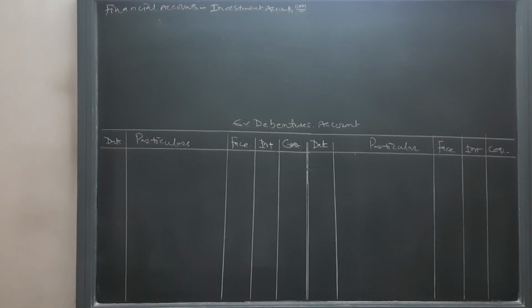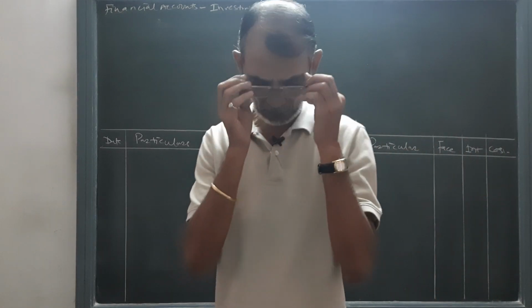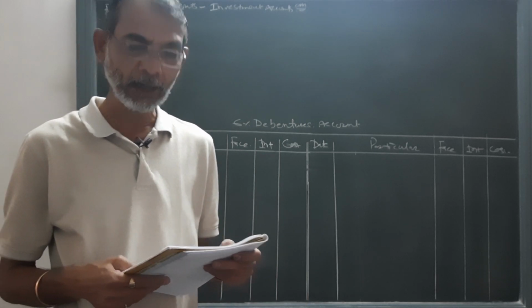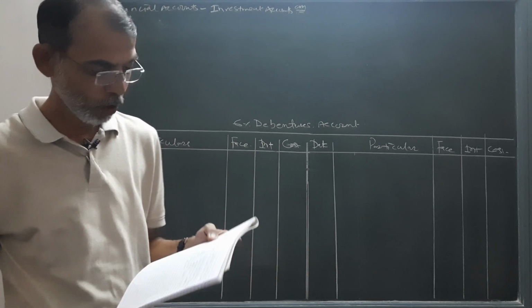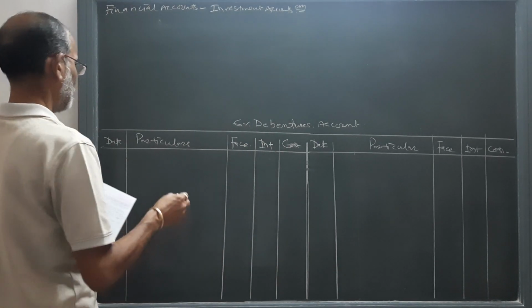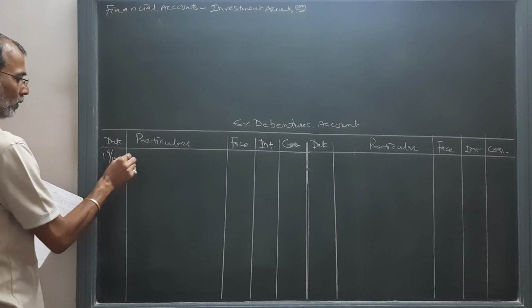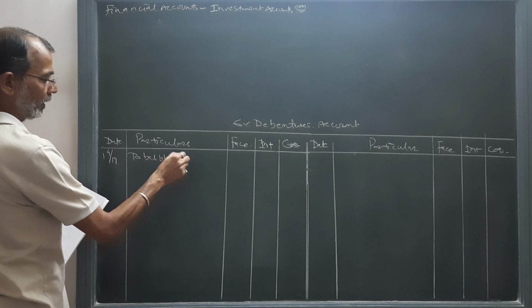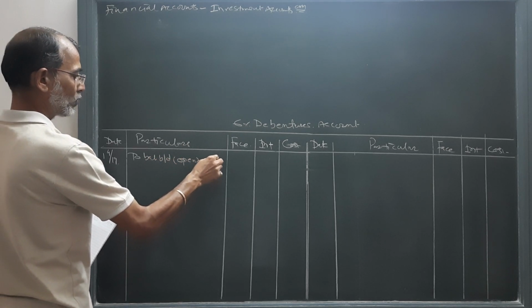Now first of all we have to write opening stock, and opening stock is 1 lakh, cost price 1 lakh 10,000 on 1/4/19, to balance b/d, that is opening stock.